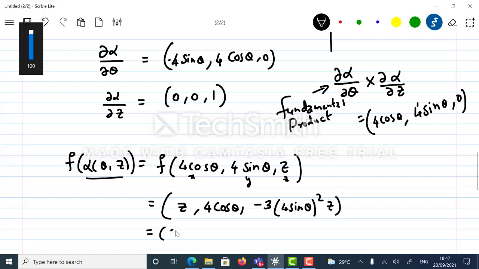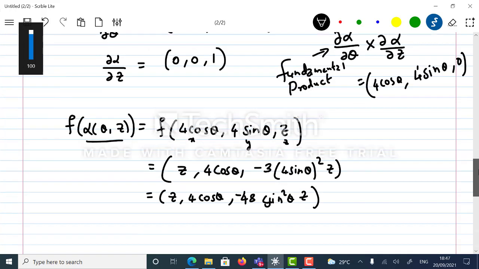So it is z comma 4 cos theta comma minus 48 sin square theta z. This is what my f of alpha theta z means.